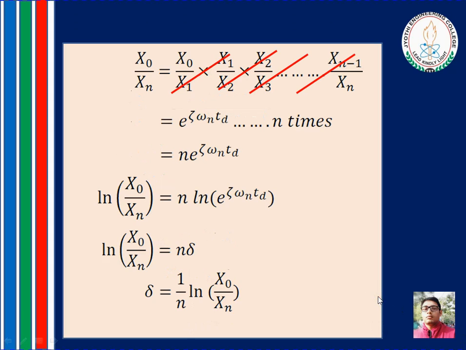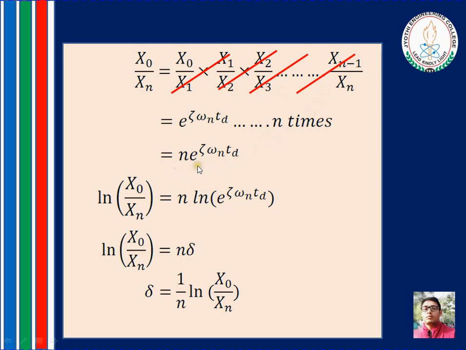Instead of taking successive oscillations, we can take amplitudes corresponding to oscillations x0 and xn. That is, n oscillations are there between the first observation and the final observation. Now, x0 by xn equals x0 by x1 into x1 by x2 into x2 by x3, and so on, finally xn minus 1 by xn. Each term can be replaced by e to the power of zeta omega n td. That is repeated n times.